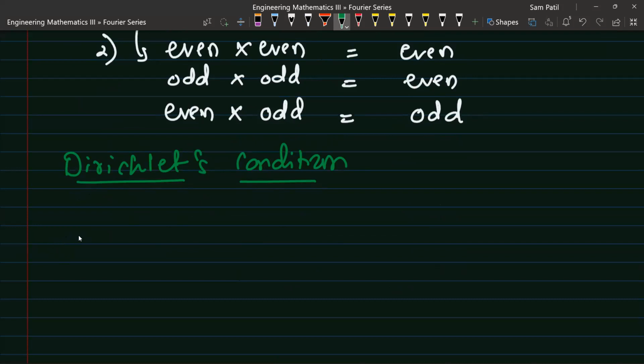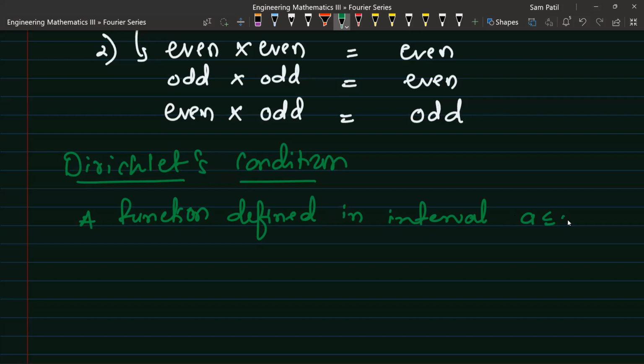Suppose we have any function defined in some interval, suppose that interval is a to b, whatever that interval.